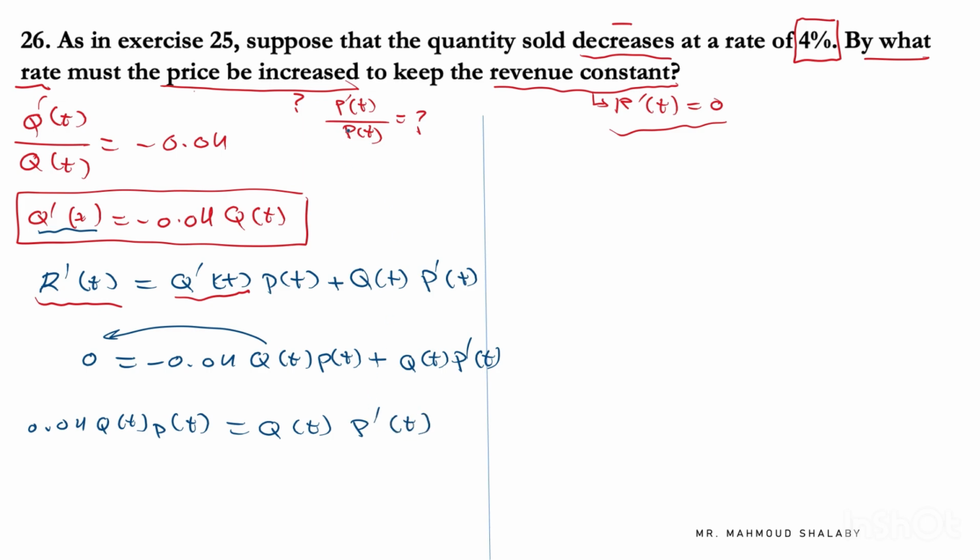Now let's go back here. I want to find p prime of t over p of t. I have here p prime of t. I want to make it over, again, p of t, so I will divide by it on both sides, not to change the equation. And to get this one only, I need to get rid of the q of t, so I will put it down here, and I will put it down here as well.